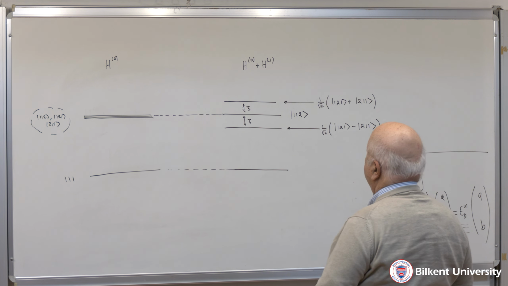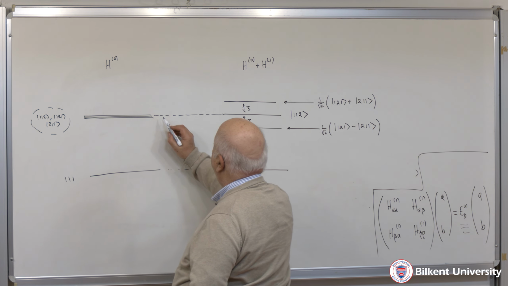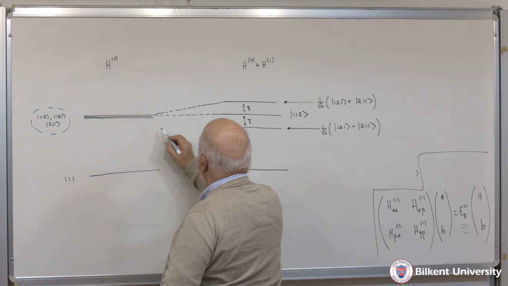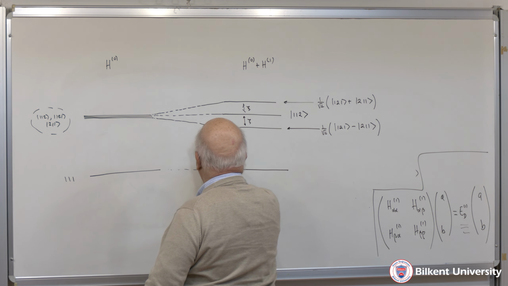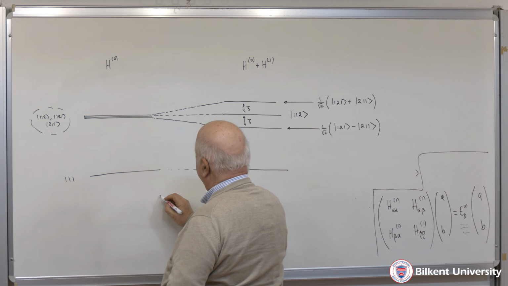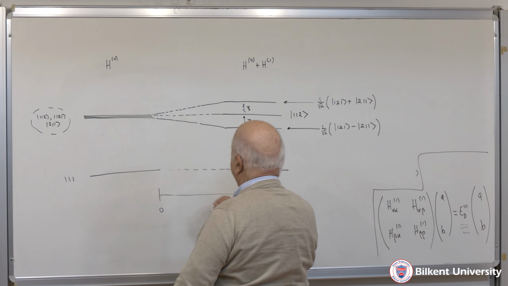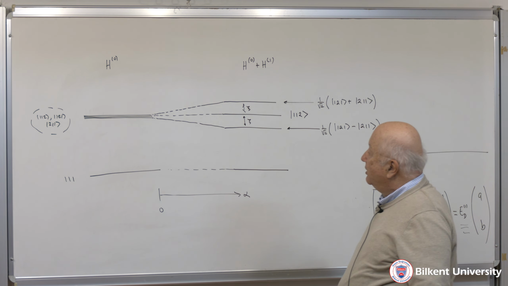But now you see when this perturbation is turned on, so as I slowly increase alpha, in some sense this is a function of alpha. This is customarily how this is drawn.